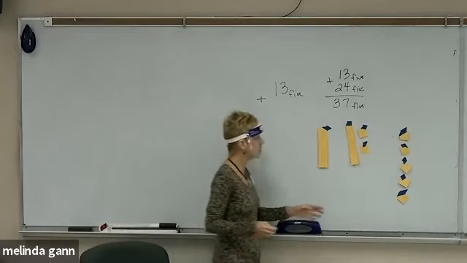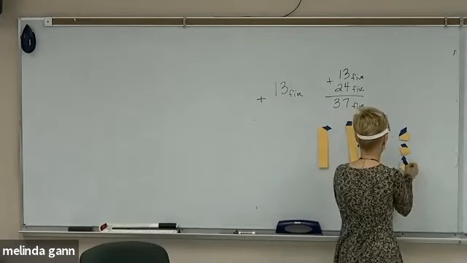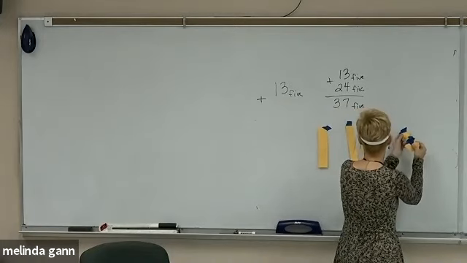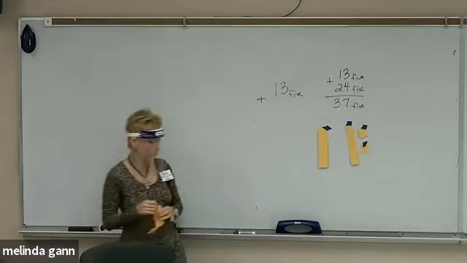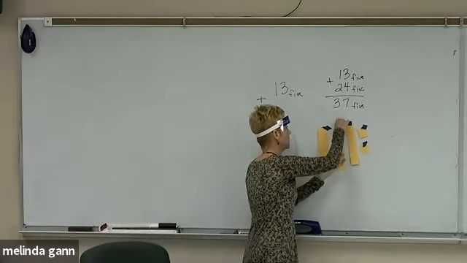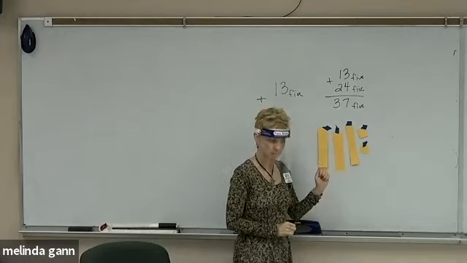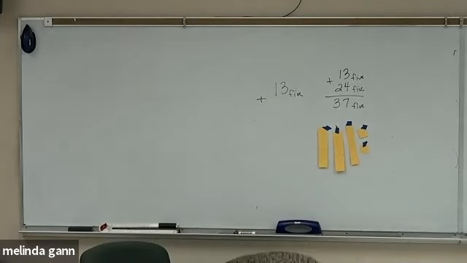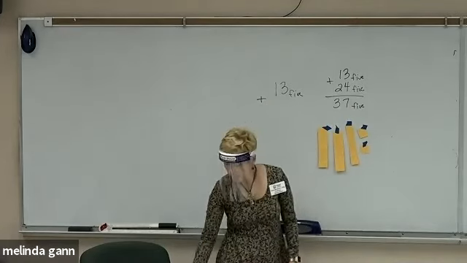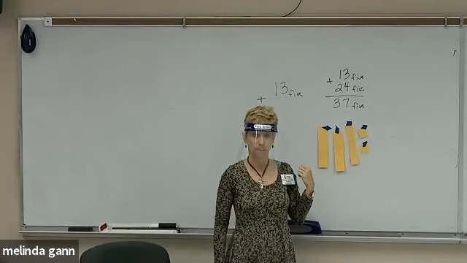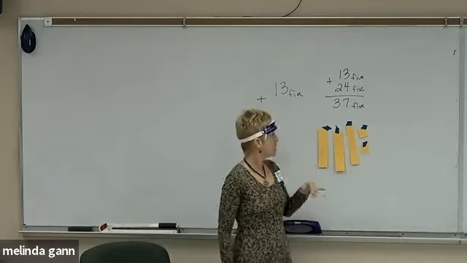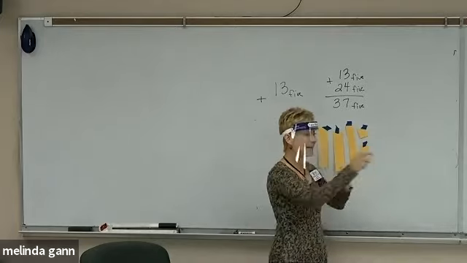I'm going to remove these. But in order to do that, I've got to replace it with one of what? Those. All right, does it make sense what I did? Now, what property says that that's okay? Did I really add anything new?